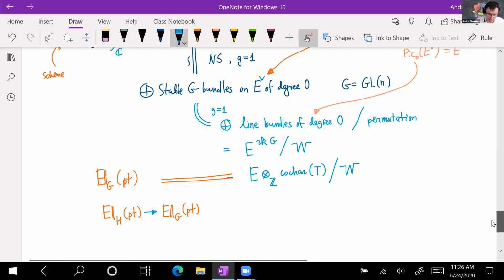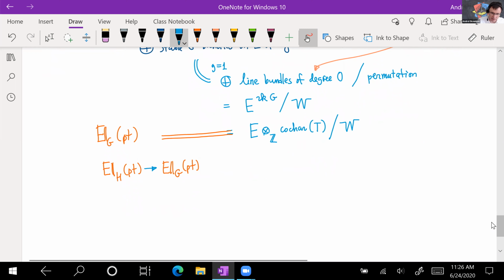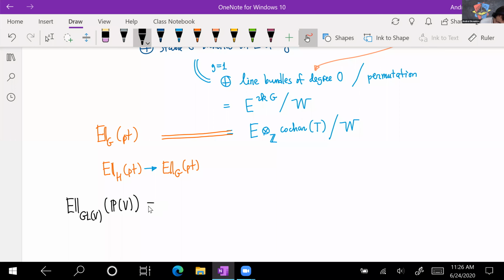Like for instance, what do you think is going to be the elliptic homology of GLV equivariant of PV? What's it going to be?